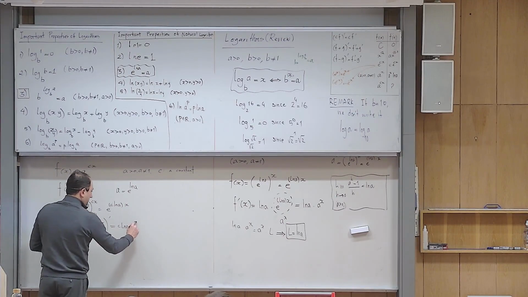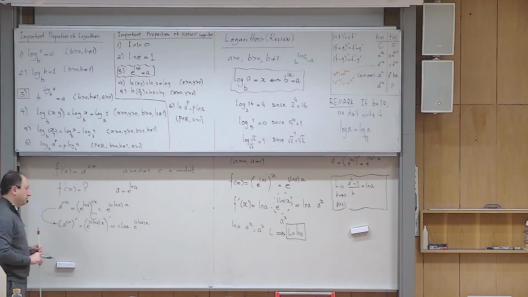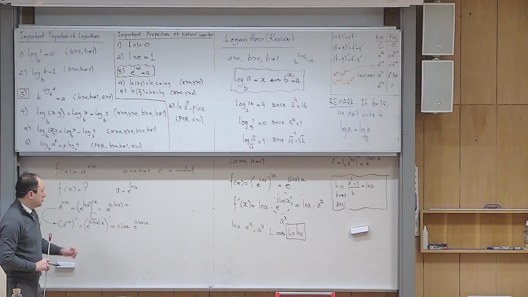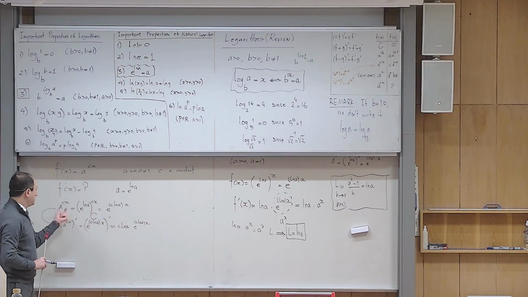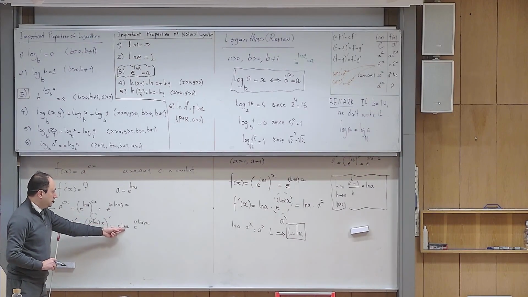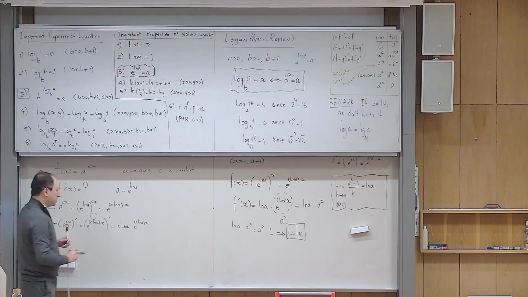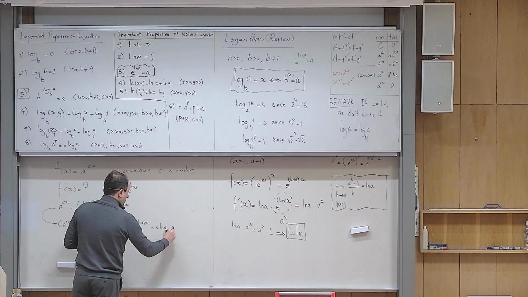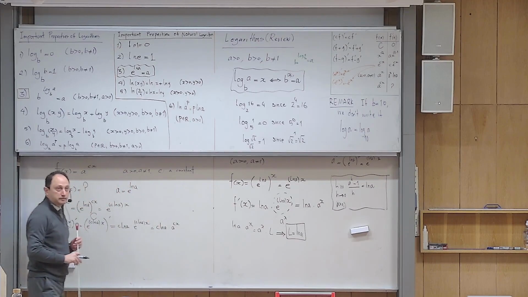This means that this one can be written more compactly like this. So I have c ln of a multiplied by that. So this becomes c ln of a multiplied by a to the power cx.